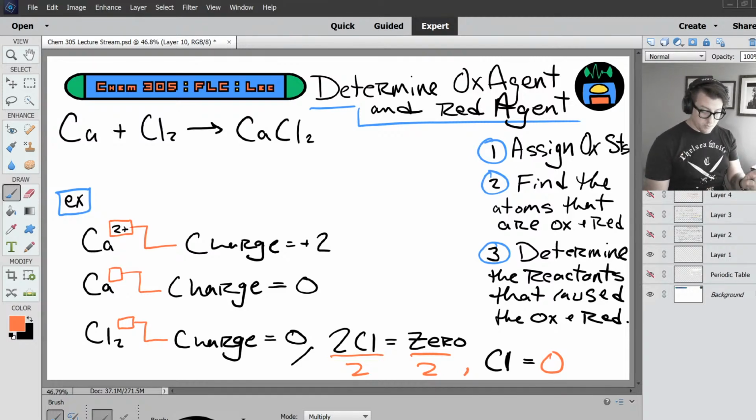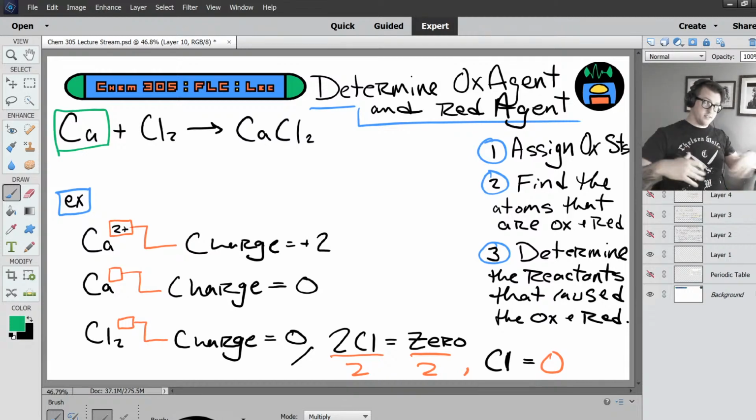If rule number 1 gives you the answer, as it does here for calcium, this thing has no charge on the species, because we know that the oxidation state of every atom in the species has to add to its total charge. Since our charge on calcium metal here on the reactant side is 0, its oxidation state must also be 0.